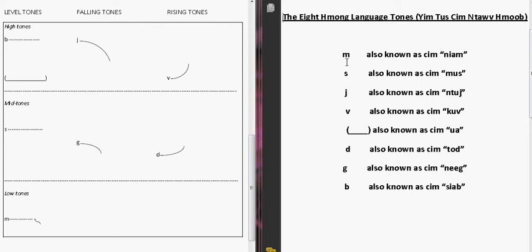Starting with the letter M here. It's also known as ji nia, the tone nia. These are actual words here in parentheses by each tone. Nia actually means mom.